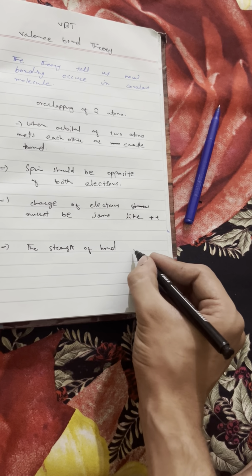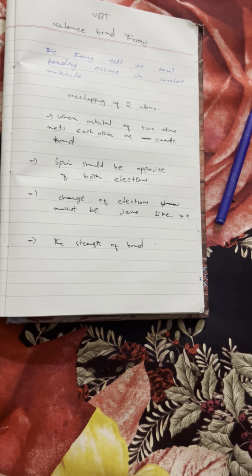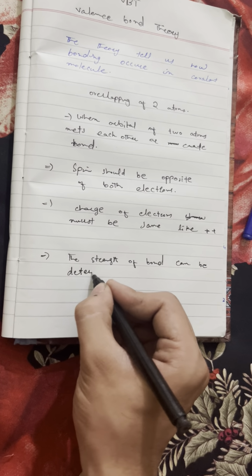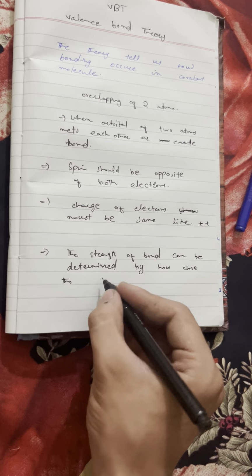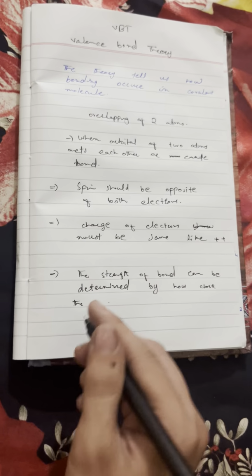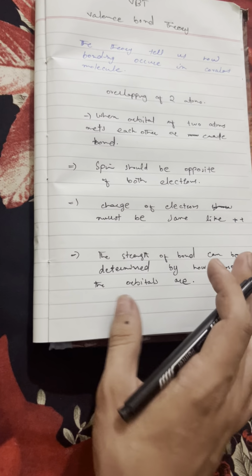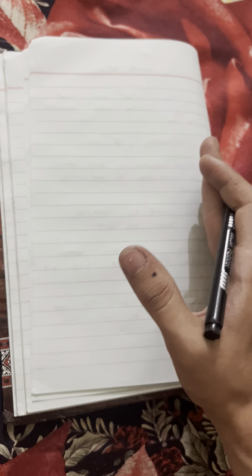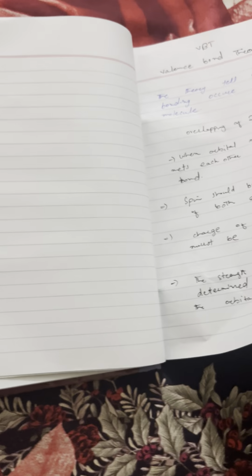The strength of bond can be determined by how close the orbitals of both atoms are. So we have written the point over here about strength.